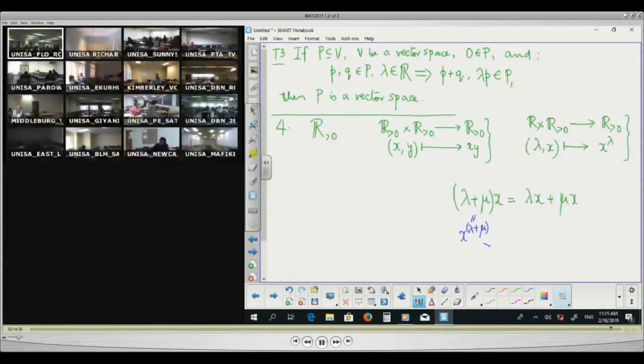So this is, shall I write this in this way? To make, if you want, right? But what is this? This is my lambda times x.